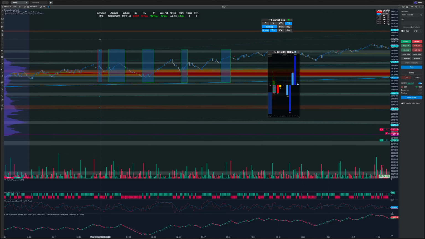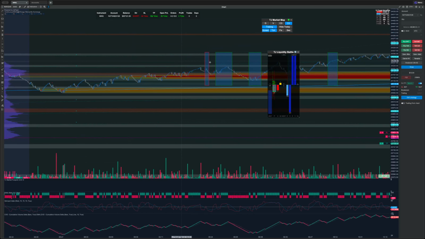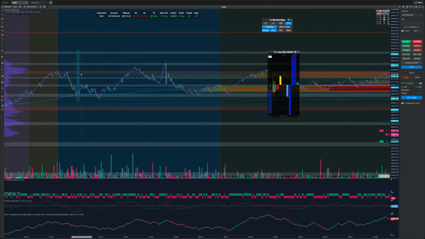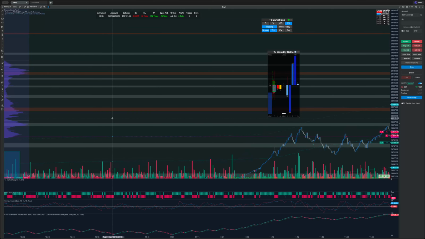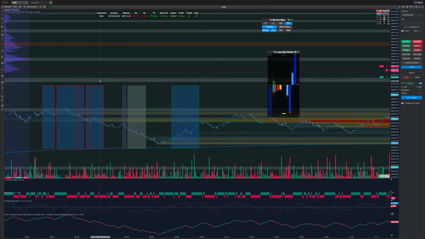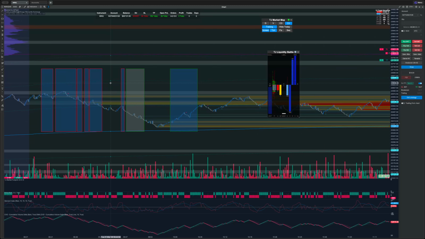The color in the background indicates the direction: it's blue when it's a long trade and gray when it's short. I left the markers from the day before, too. This one was a short trade, and the outer boundary means that if it's green, it was a winning trade.